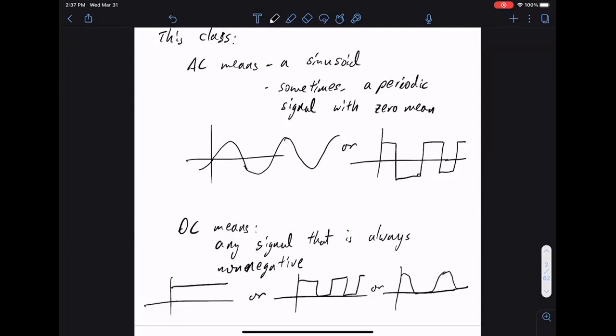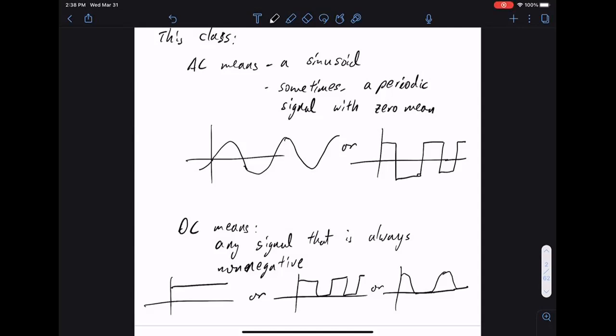Normally when you create a sinusoid or a straight line DC voltage, you need capacitors and inductors as filtering elements to filter the signal. For us, we are not going to look at filtering very much. So what we care about for AC and DC is just the mean value, or the sign of the waveform.